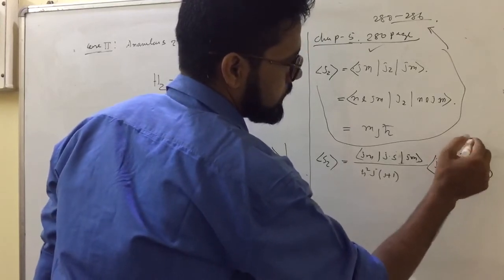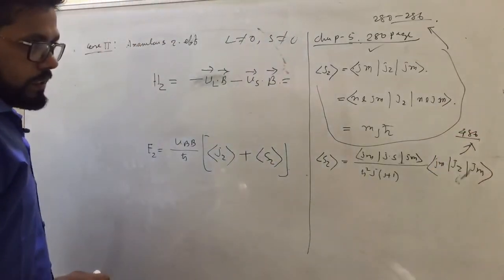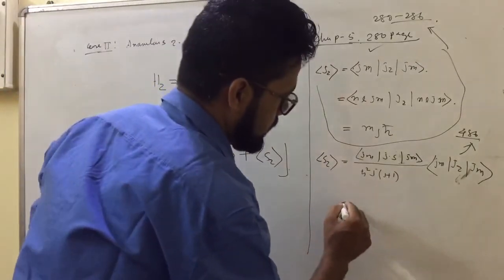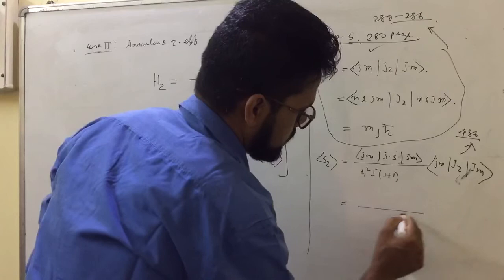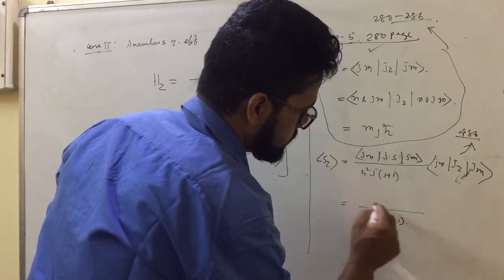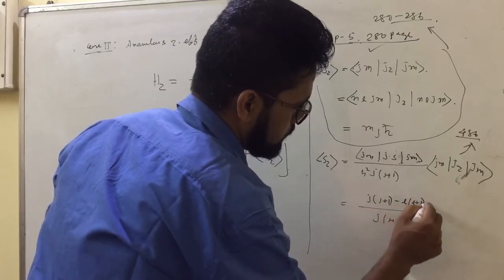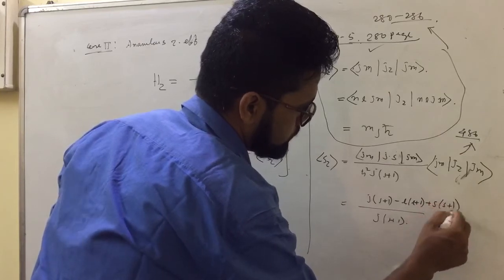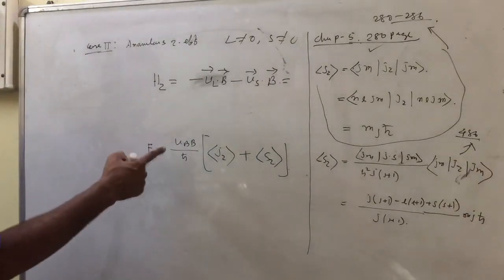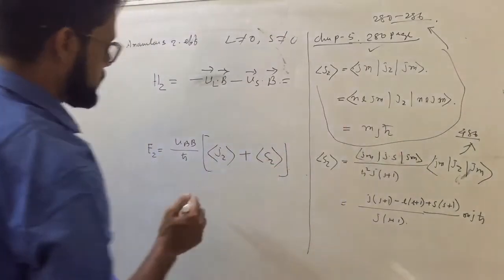And this part is already given in page 486, chapter number I think 9. If you solve this equation you will get J into J plus 1 minus L into L plus 1 plus S into S plus 1, m j h cross. If you put this value here and J z equal to m j h cross.